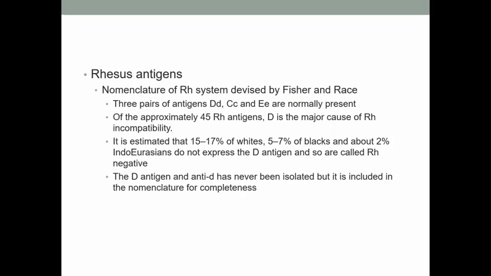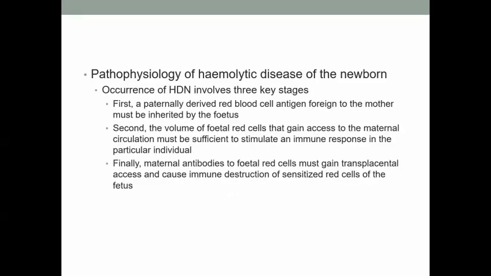The small d antigen and anti-d has never been isolated, but it is included in the nomenclature for completeness. For the nomenclature, we need both: capital D, small d, capital C, small c, capital E, small e. Because of that, we normally put it in there, but it has not been isolated.